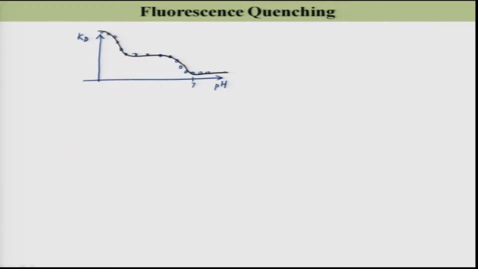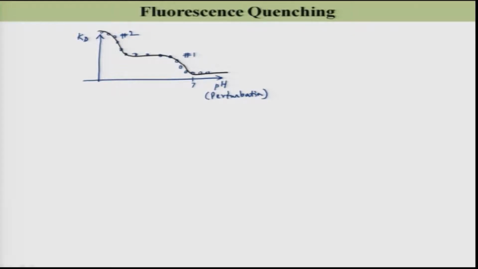It clearly tells you that when your perturbation is this pH, the change of Kd is two-step. Here is transition number 1 and here is transition number 2.